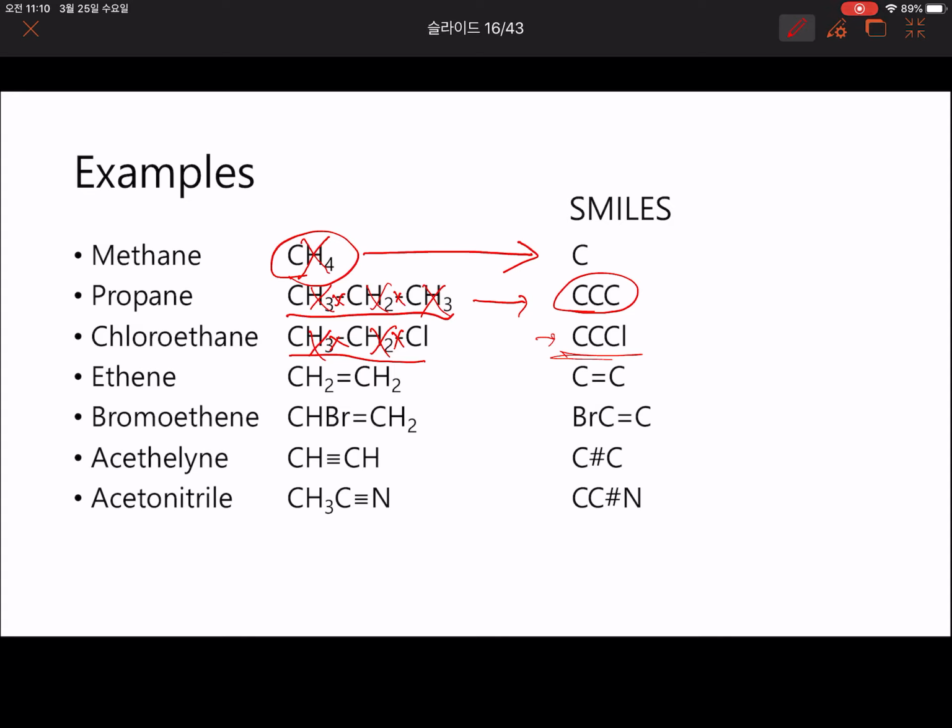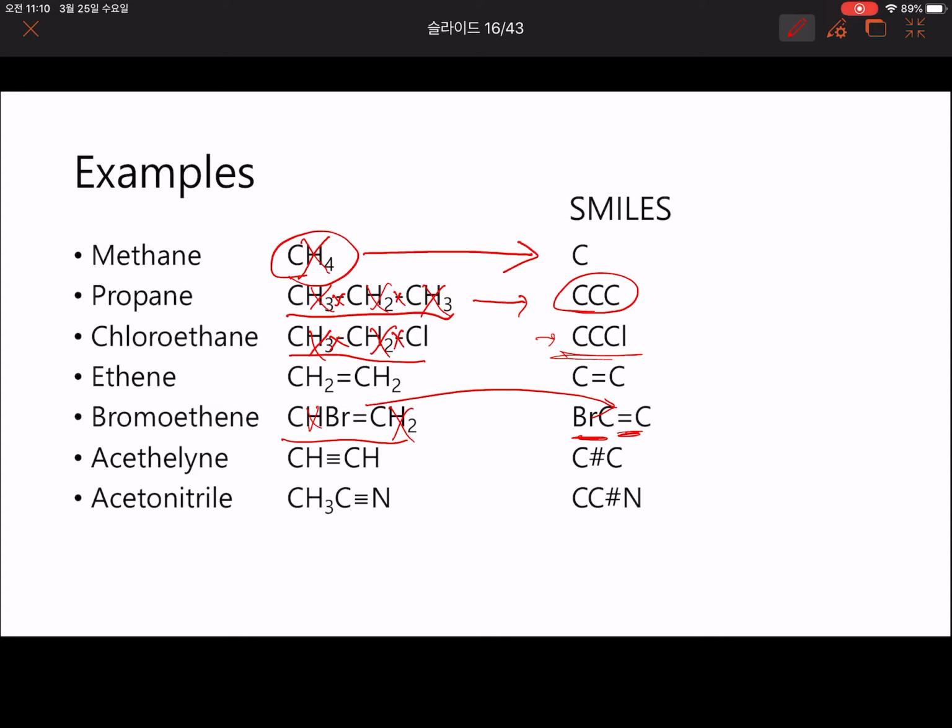Let's look at bromoethane. In bromoethane, the hydrogens are erased, but the double bond is not omitted. As I said, only single bonds are omitted. So the double bond is kept, which is written as an equals symbol, and Br is left here.